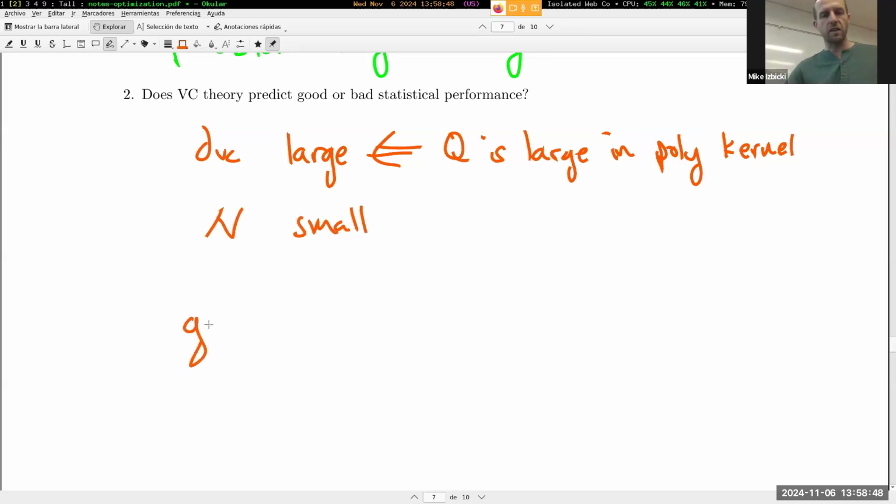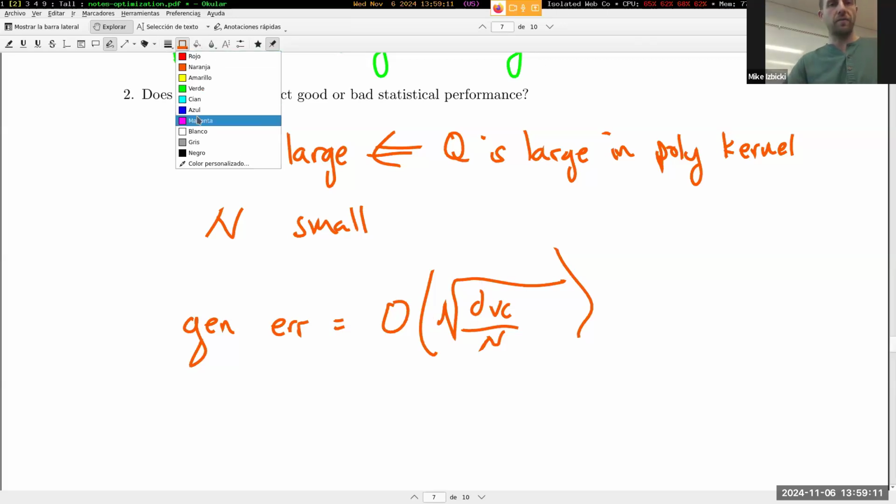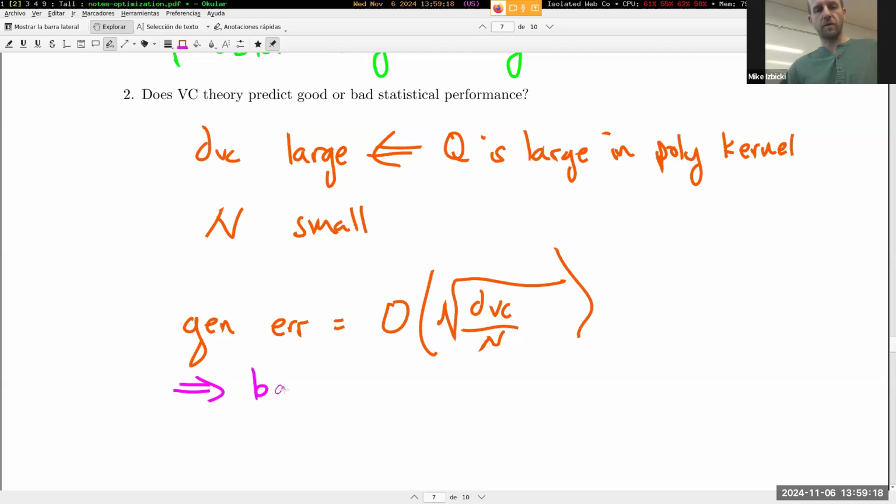Our generalization error being O of square root of d_VC over N implies that we are in a bad place for generalization error. Our VC dimension at the top is very large, and N in the denominator is small, so this overall term will be large. And so, bad statistical performance.